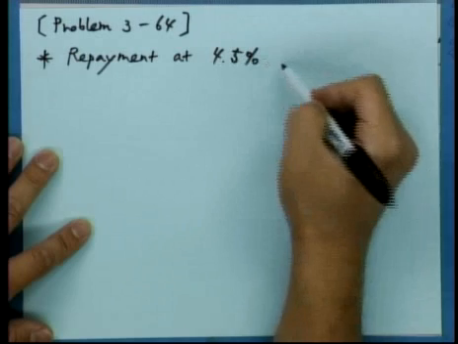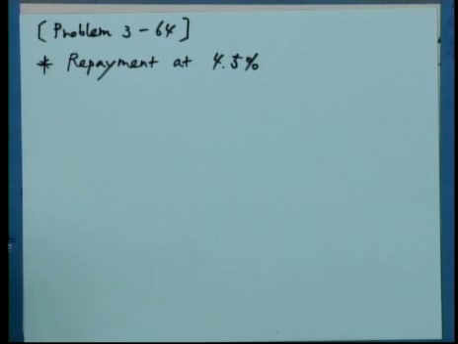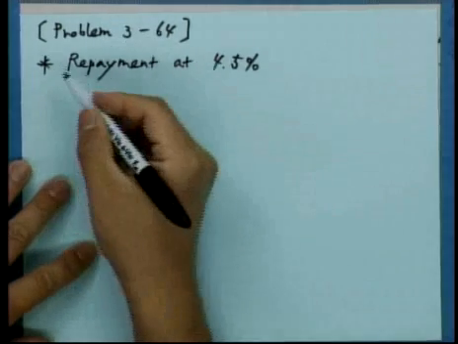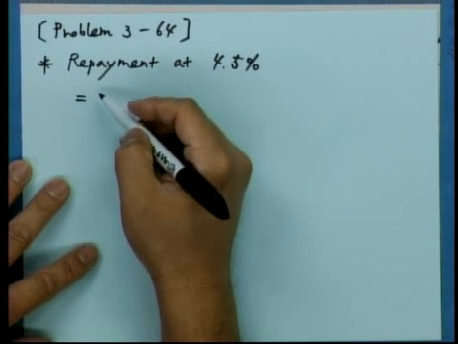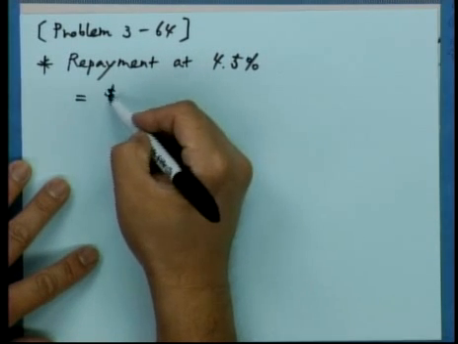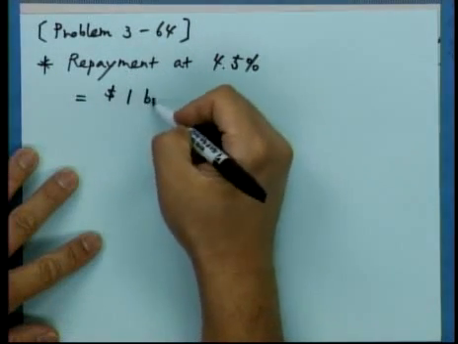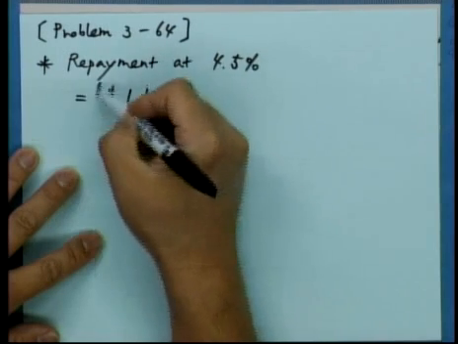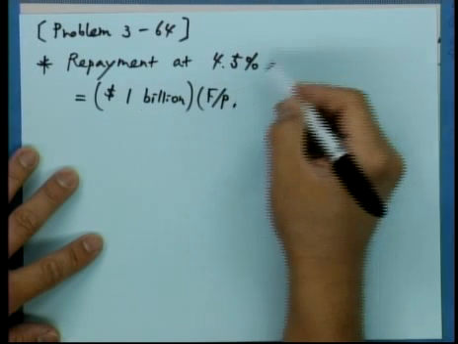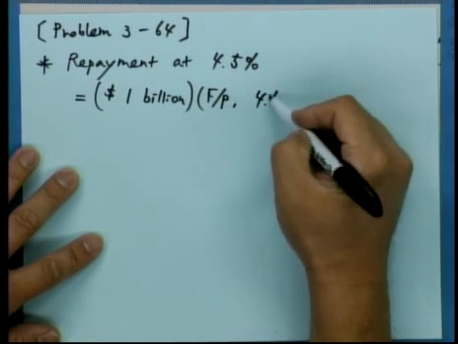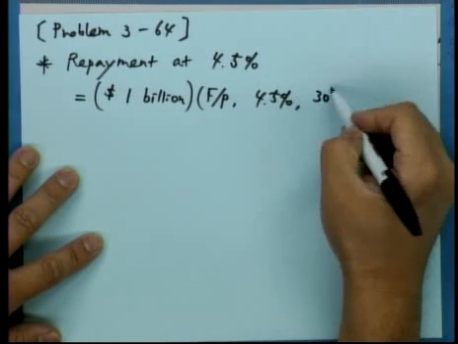Okay? In such case, the present sum is $1 billion, right? And F given P and 4.5% after 30 years, right?